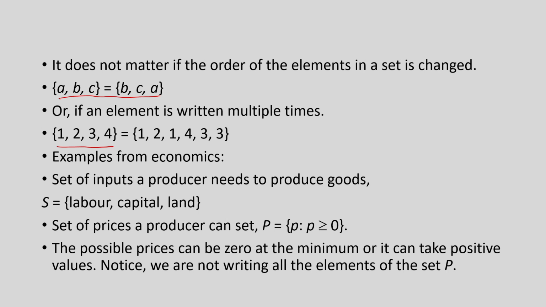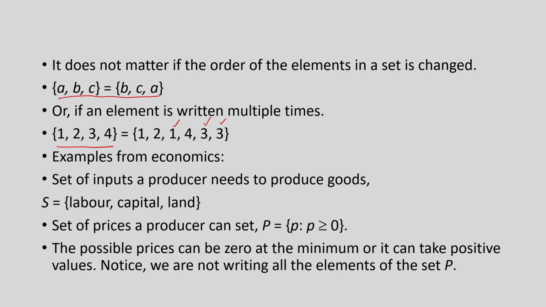This is the set of first 4 natural numbers. Now, on the right hand side I have repeated 1, you can see 1 has been repeated, 2 has not been repeated, but 3 again has been repeated once. So, there are 3 appearing twice, 1 appearing twice, but the point is that even if some elements are repeating in the second set, the set has remained the same.